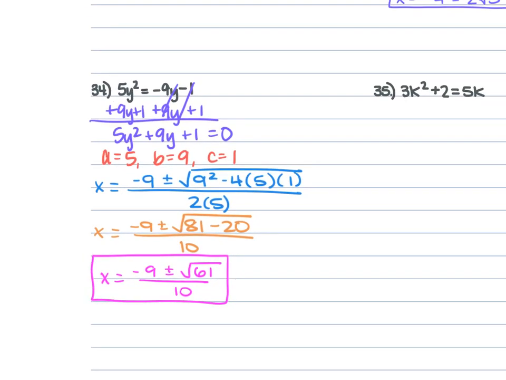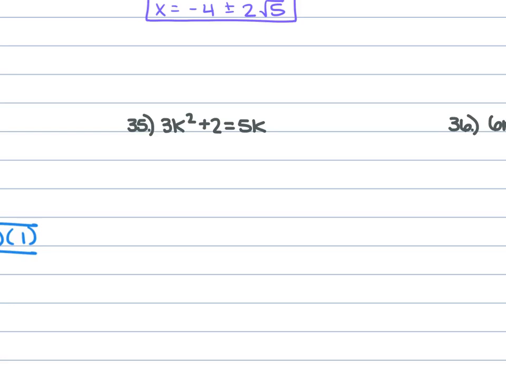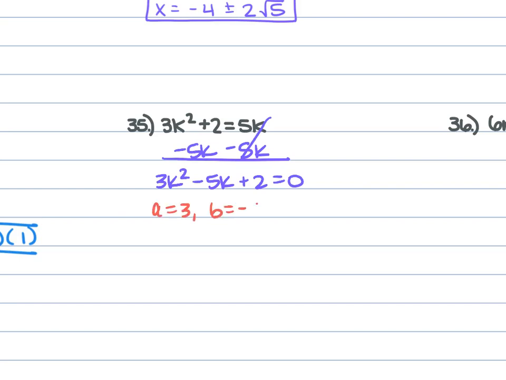For 35, we have 3k squared plus 2 is equal to 5k. We subtract that 5k from both sides, and we're left with 3k squared minus 5k plus 2 is equal to 0. Our A is 3, our B is negative 5, and our C is 2.